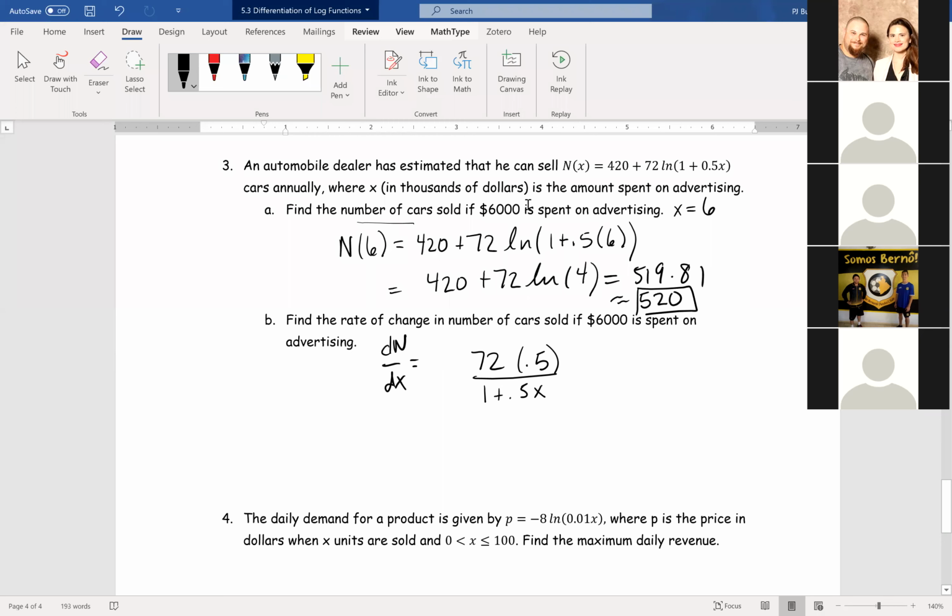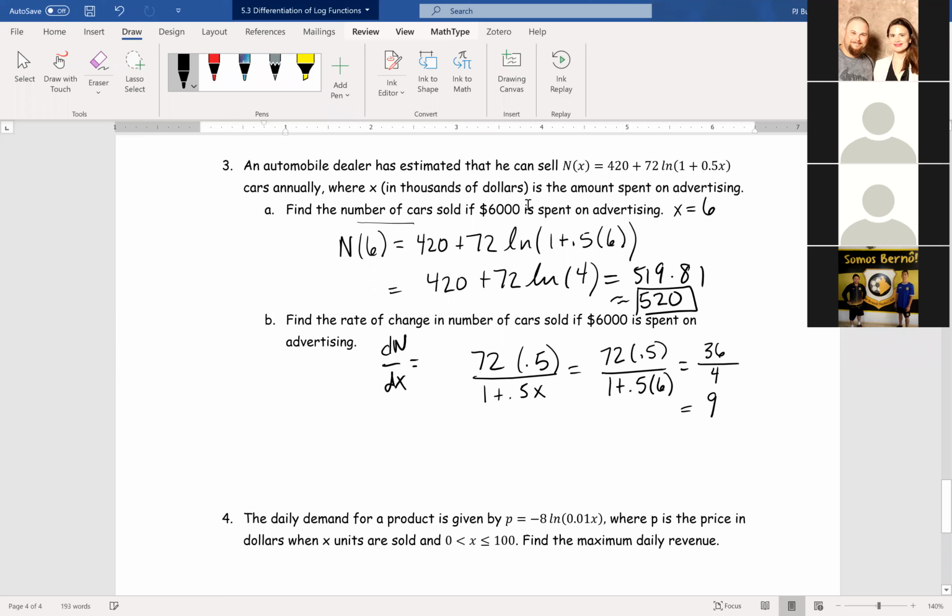And again, we just need to substitute in x equals 6. It looks like the rate of change would be 9 there.